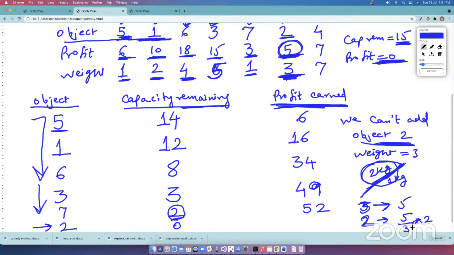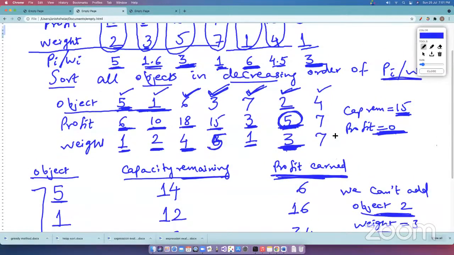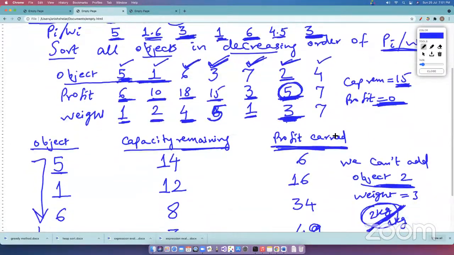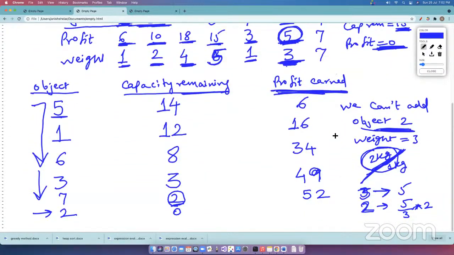And 5 by 3 into 2 is nothing but 1.6, I think, into 2. Correct? Because 5 by 3 is approximately 1.6. We have found it. Yeah, 1.6. So 1.6 into 2 is going to be 3.2. So this is going to be 52 plus 3.2, which is going to be 55.2.